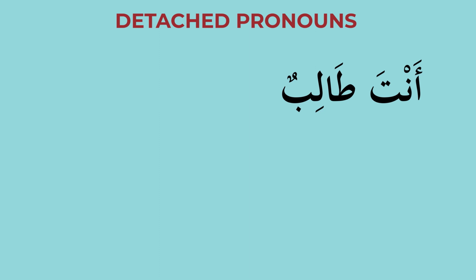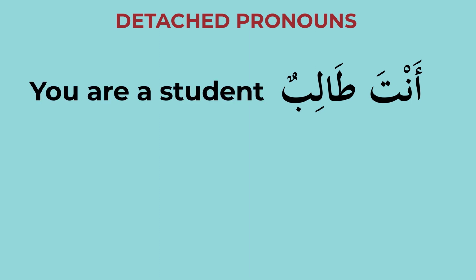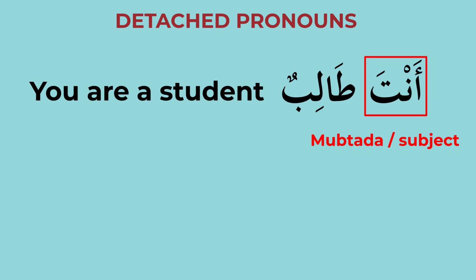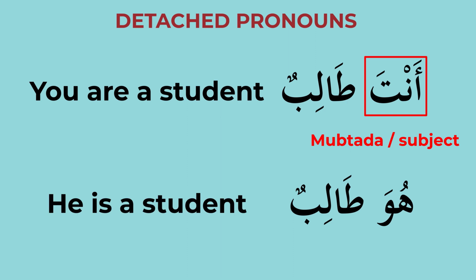Anta talibun. So what is the translation? You are a student. So what is anta? Mubtada. Are you with me, brother? Huwa talibun. He is a student. We won't go into huma and hum now, later on we'll go.